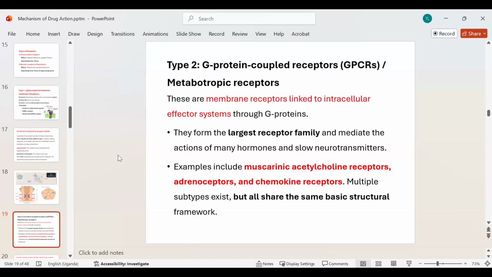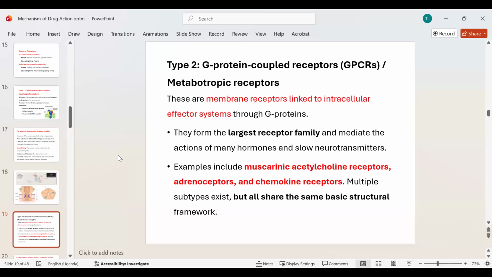The other ones have a pentameric structure, meaning penta is 5. Here we are seeing 7. So whenever you hear anything like 7 transmembrane rings, just know we are talking about a G protein coupled receptor, or a metabotropic receptor.